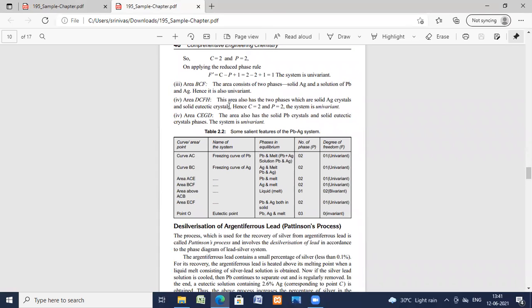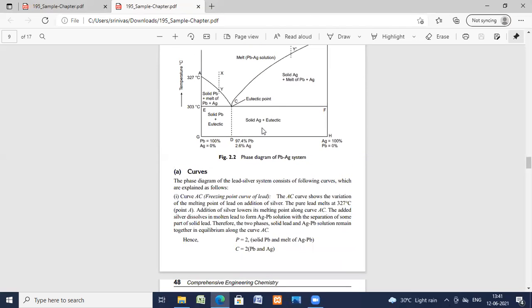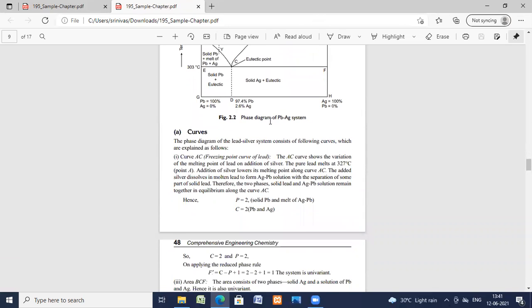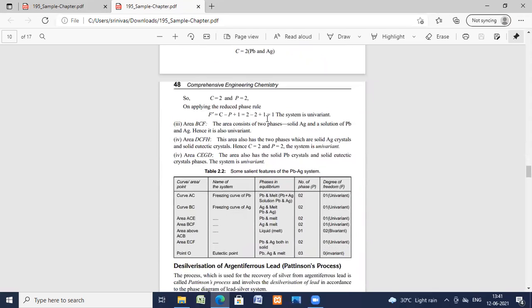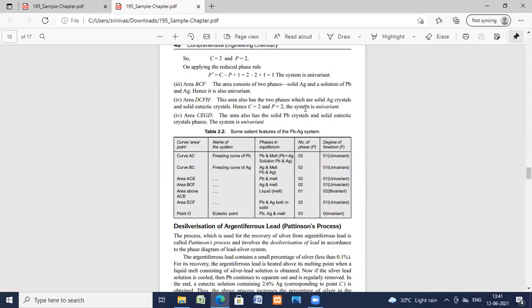In DCHF, the area has two phases: solid silver crystals and solid eutectic crystals. Even the eutectic crystal is solid. Phases are 2 and components are also 2. The system becomes F is equal to C minus P plus 1, 2 minus 2 plus 1. Univariate system.